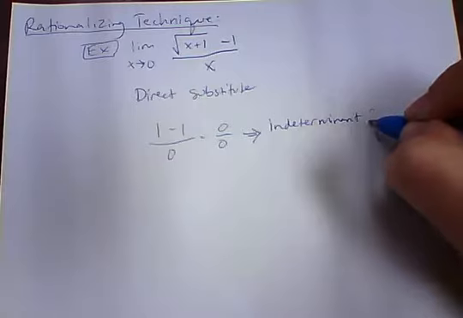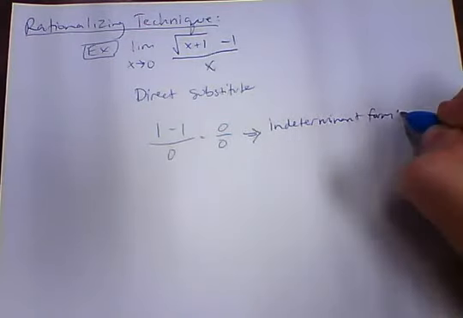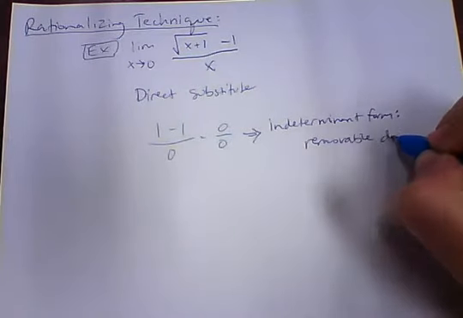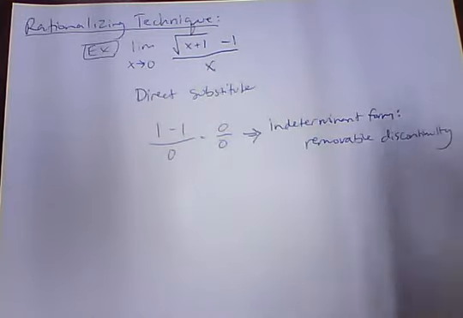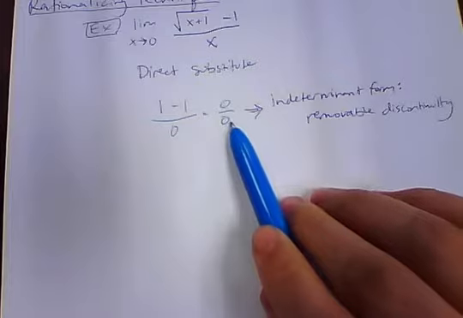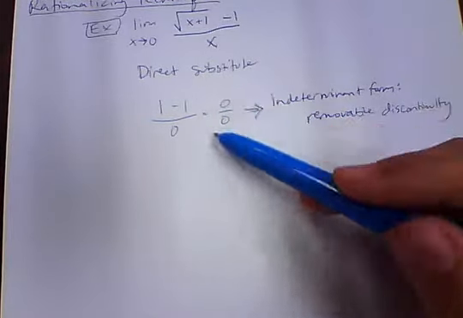Remember, indeterminate form just means that there is a removable discontinuity. We can essentially always identify whenever we get indeterminate form.